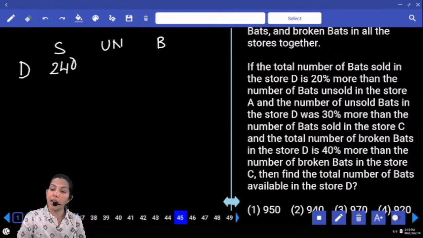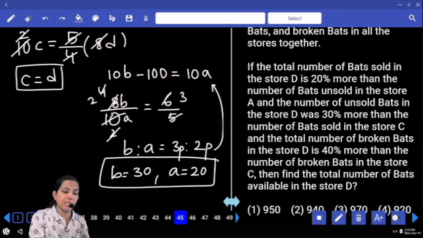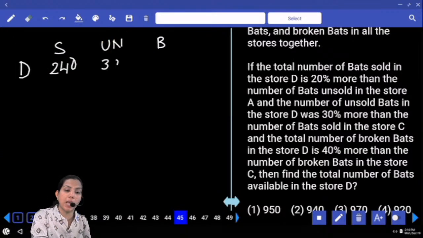Next, the number of unsold bats in store D was 30% more than the number of bats sold in store C. What is sold in store C? 300. 30% more means it is 390. So this is unsold.